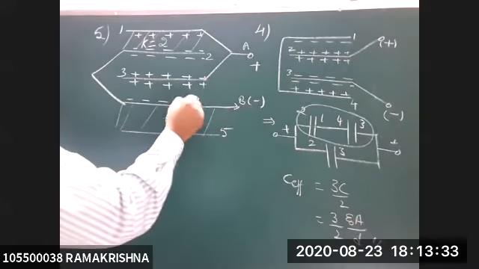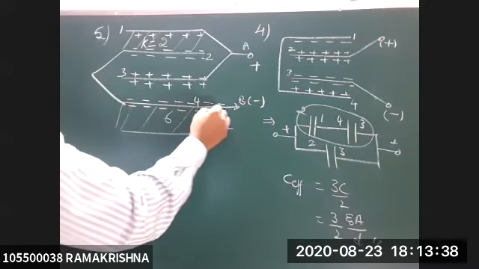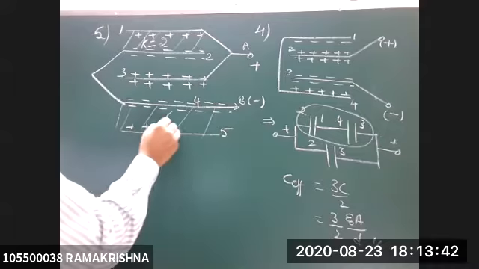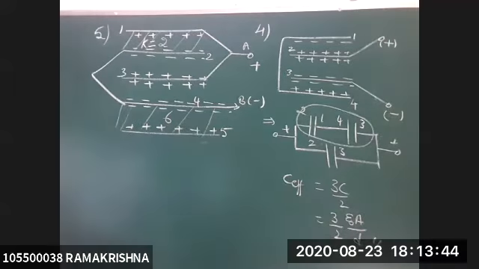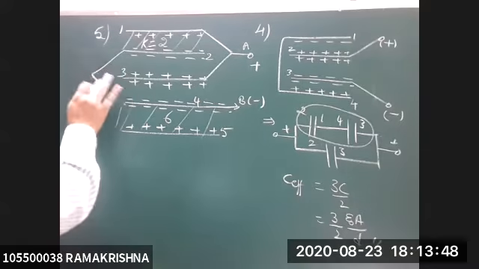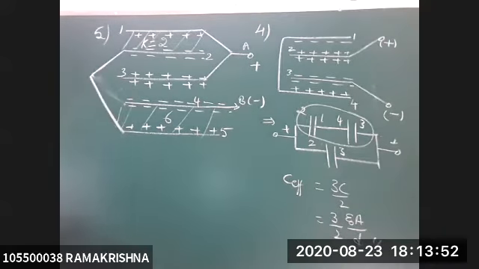The terminal of the fifth plate is connected to terminal B, the negative terminal, so it gets negative charge. Due to negative charge, this one gets positive. So it is the charge induced. Second and fifth plates are connected. So it is the given arrangement, rearranged in this manner.